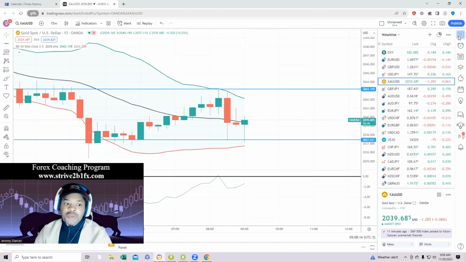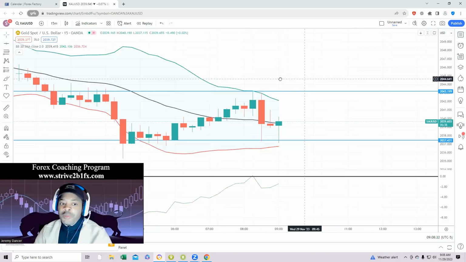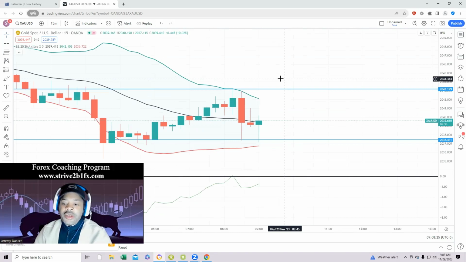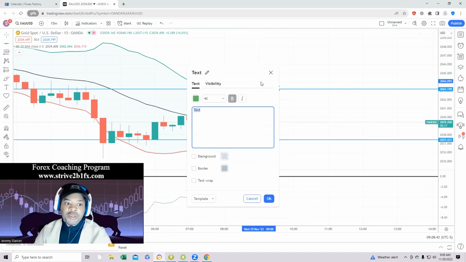So gold is stuck in this tight little consolidation. If you guys have been watching my videos recently, you know that my current strategy is to use buy stops at resistance and sell stops at support zones on the 15-minute time frame. So just for my visual learners out there, I'm going to put that up here.